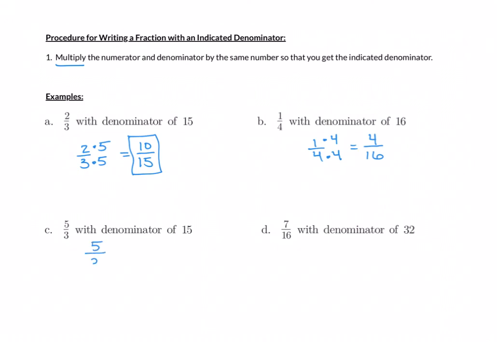Let's try 5 over 3. Again, I want a denominator of 15. In order to get from 3 to 15, we want to multiply by 5. So we're going to do the same thing to the top. We get 25 over 15.